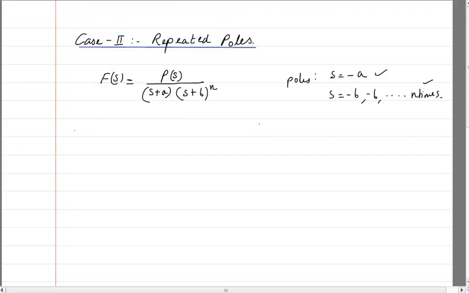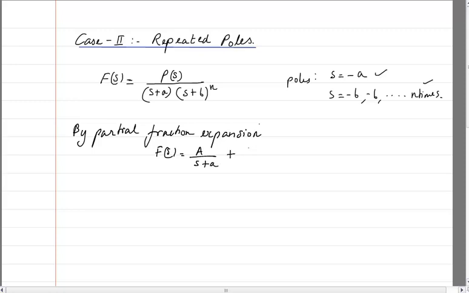The simple method is partial fraction expansion. We can write F(s) equal to A by s plus a for the simple pole, and for the multiple pole what we have is B by s plus b, but it is s plus b raised to power n.